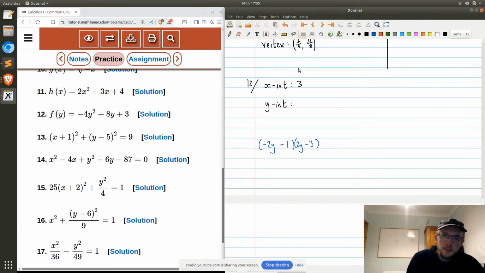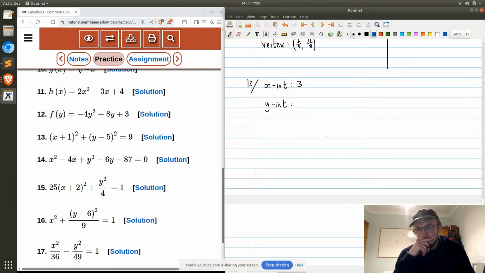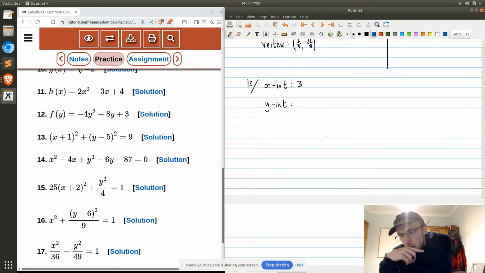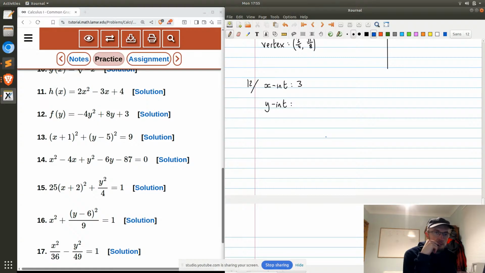Sorry. Near miss. 112 is 2 to the 4 times 7. So 4 root 7. How about that? That's my discriminant. So we did the quadratic formula.